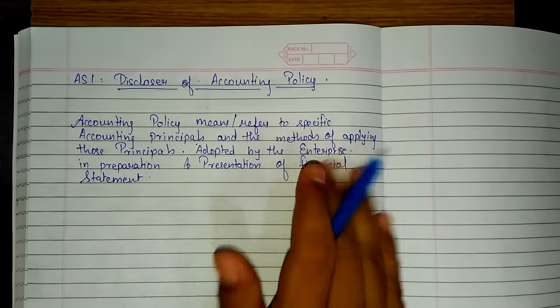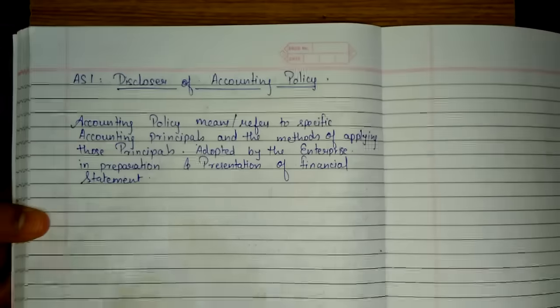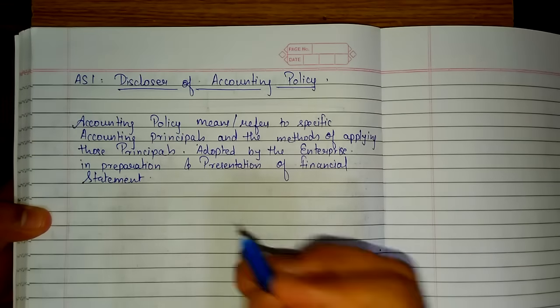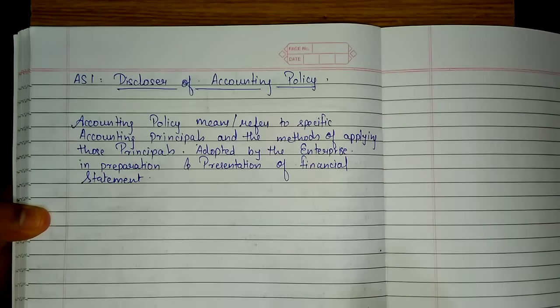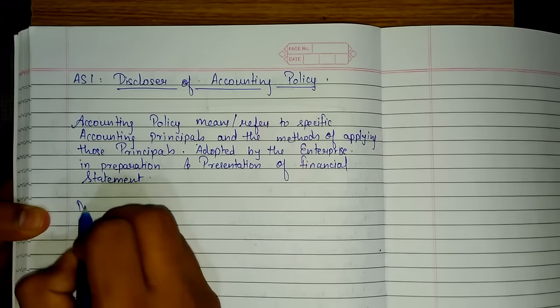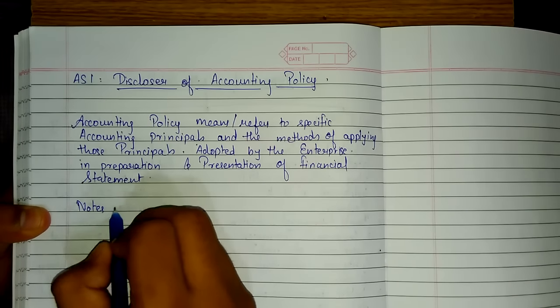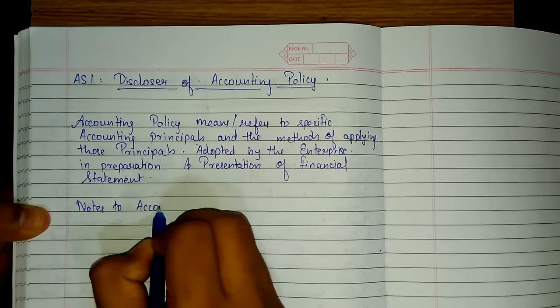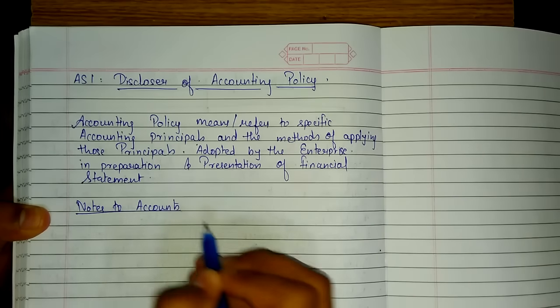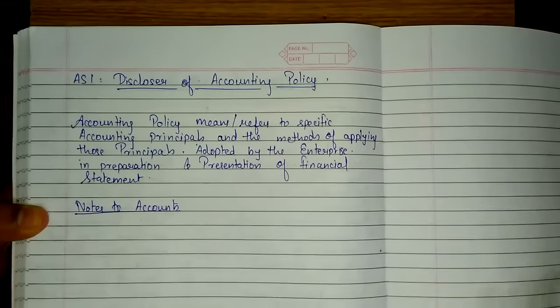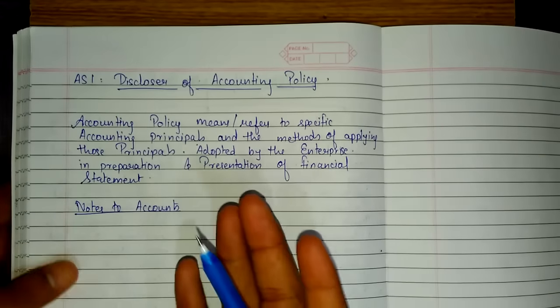Now let's move on. There are a few small things you should know before moving ahead in accounting in IPCC, that is notes to accounts. What does notes to accounts mean? This will all be covered in accounting standards only. So as and when you move ahead, you will not have doubt what is notes to accounts.